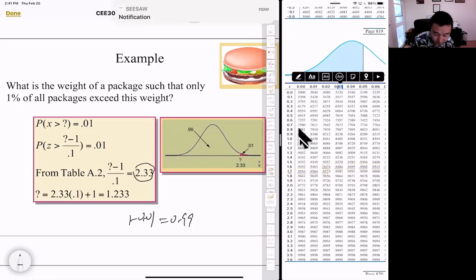Then using this equation, we figure out the weight of the meat. So 1.233 pounds. So for meat of 1.233 pounds, only 1% of the chance a randomly chosen package is heavier than that.